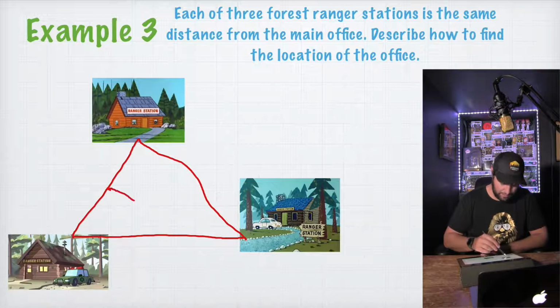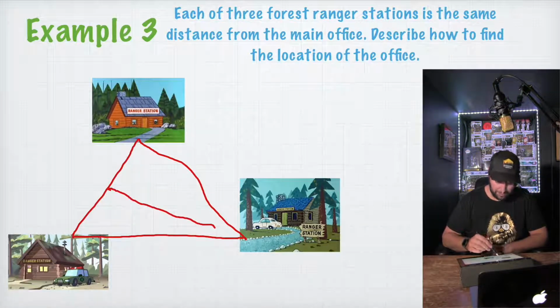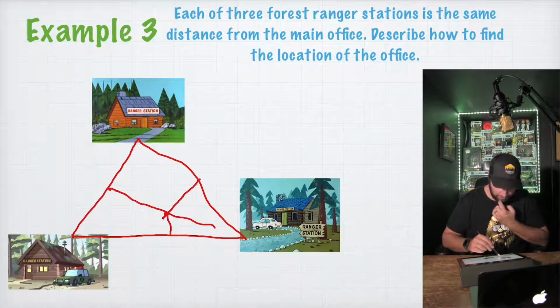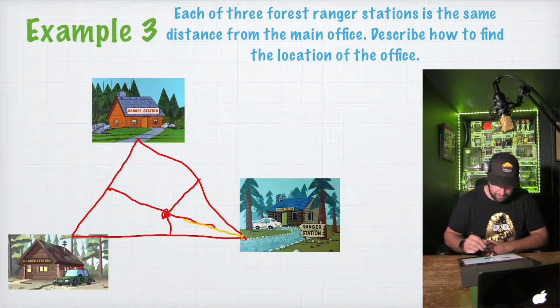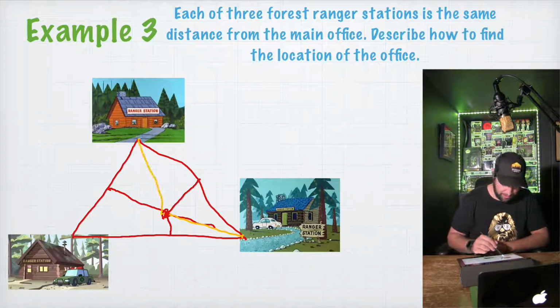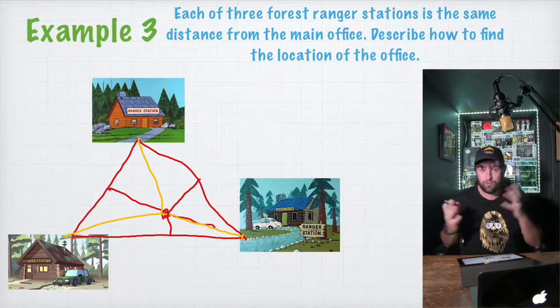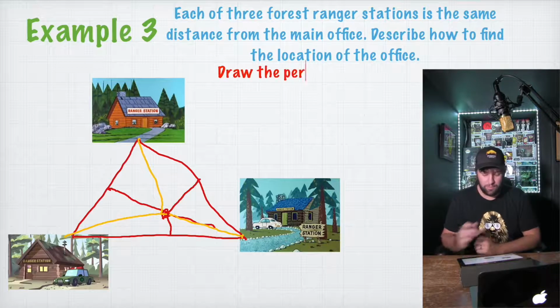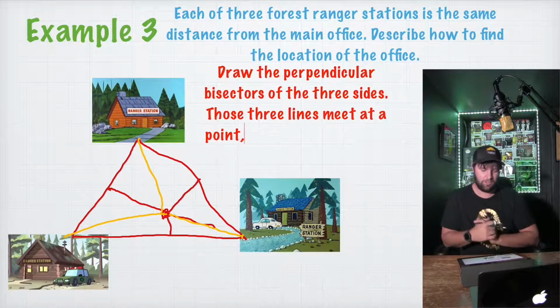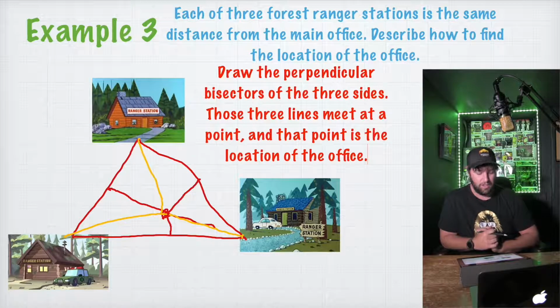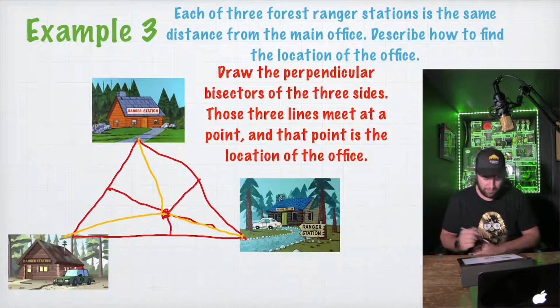This is about the midpoint, and that's about perpendicular. In theory, this point should be the same distance from here as it is here as it is here. I'm not the world's greatest drawer, but that's what we're going to do. Draw the perpendicular bisectors of the 3 sides. Those 3 lines meet at a point, and that point is the location of the office.